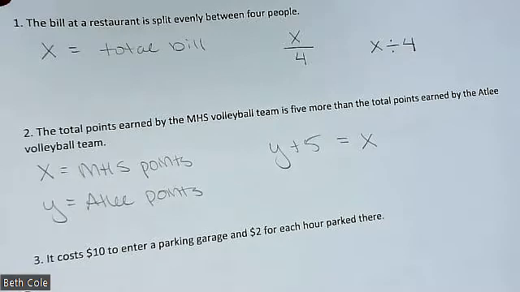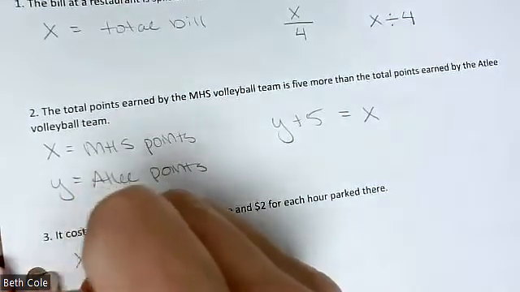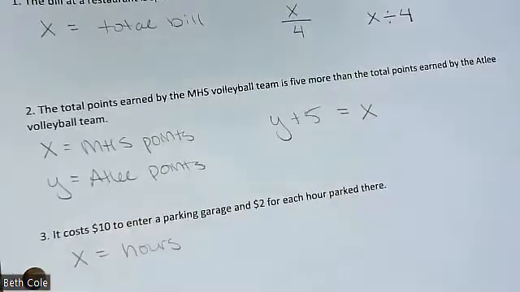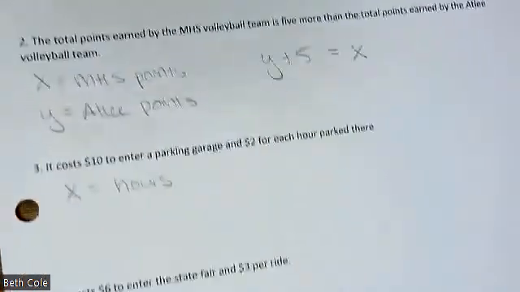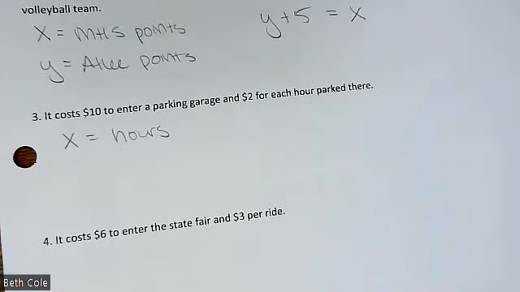All right, number 3. It costs $10 to get into the parking garage, and then $2 for each hour that you park there. So I'm going to let X equal the number of hours. So X is how long we parked in the garage.